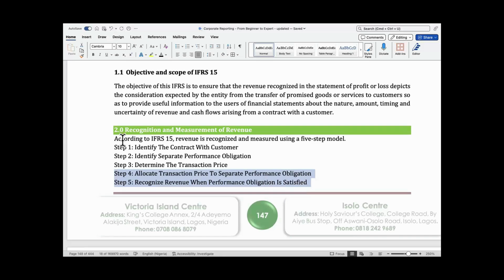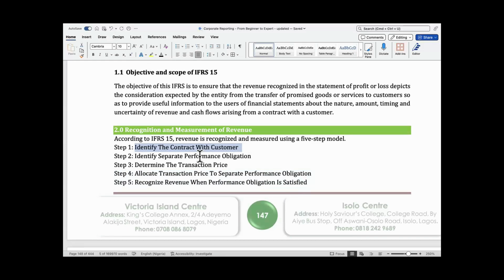I started with step 1, and this step 1 deals with identifying the contracts with customers. We explained this thoroughly. I told you about the elements that must be present in a contract for it to be a contract.